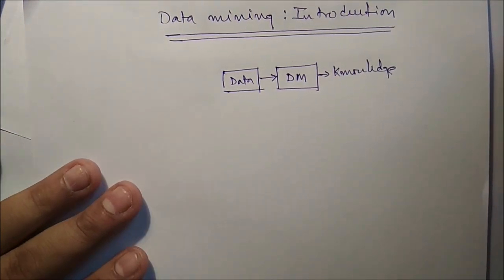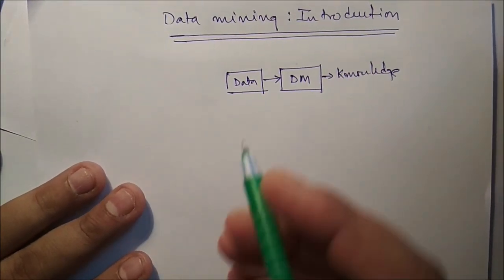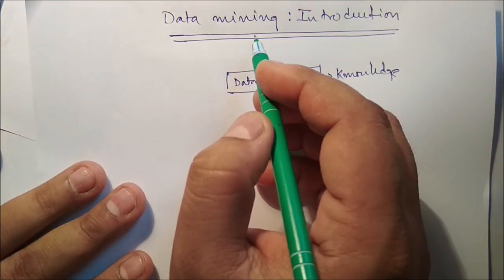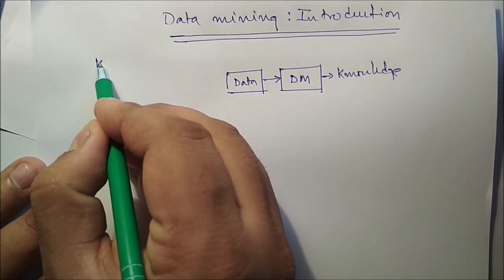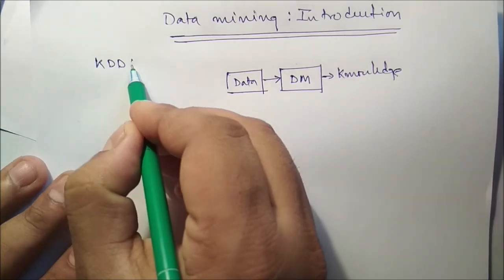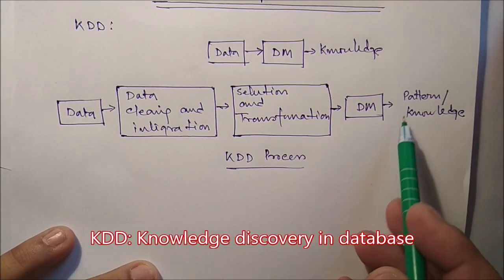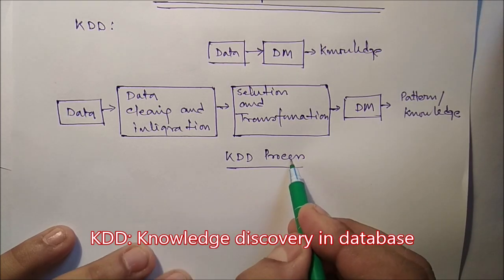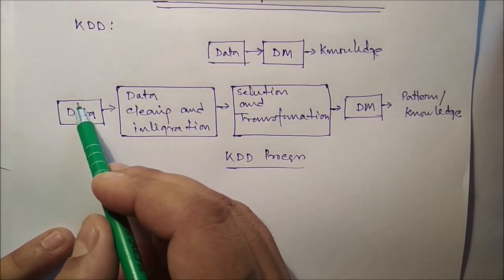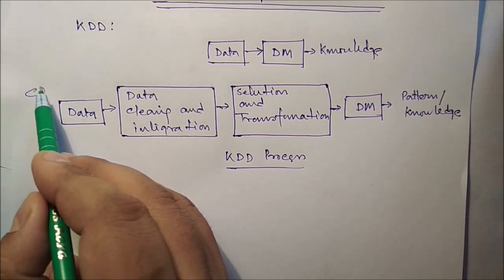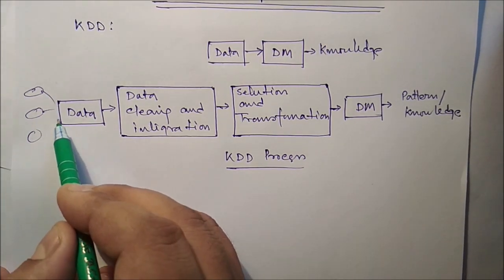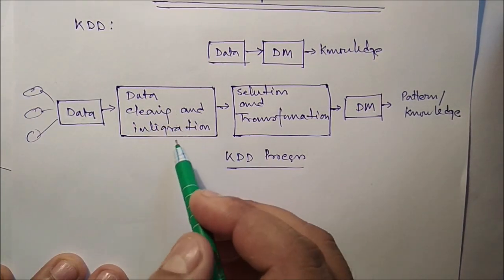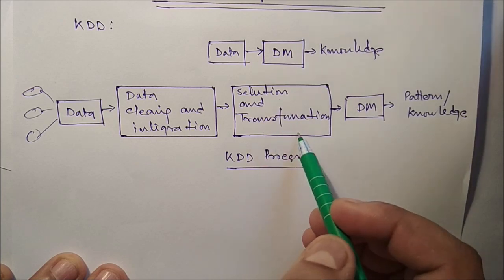Now there is another term called KDD. DM stands for data mining. KDD stands for knowledge discovery in databases. So this is our KDD process. In the KDD process the first step is data. It is collected from various sources, and after that we may apply data cleaning and integration, then selection and transformation.